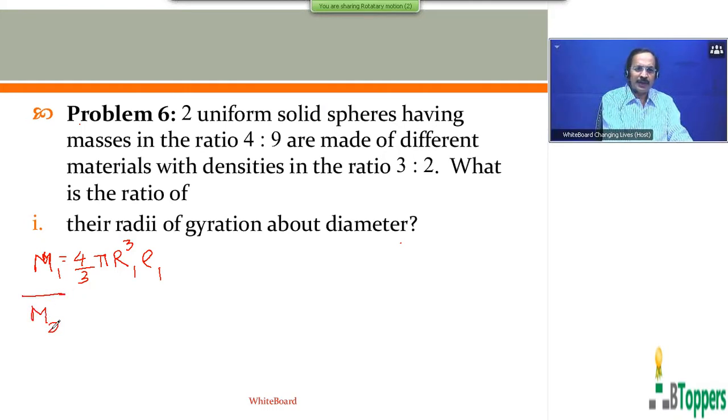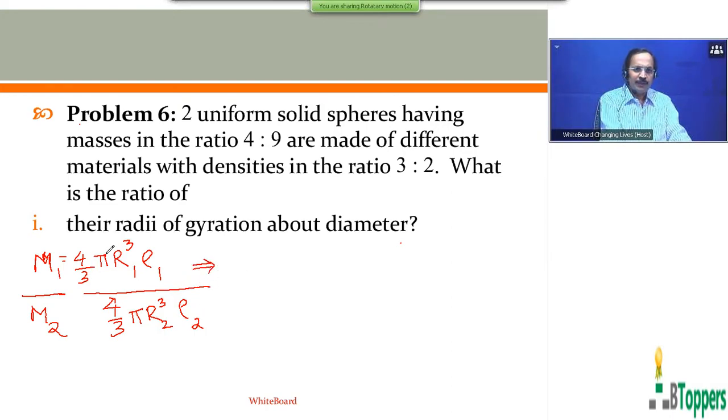The mass of the second sphere is denoted by m2, which you can write as the volume of the second sphere into the density of the second sphere. Here r2 is the radius of the second sphere, rho2 is the density of the material of the second sphere.